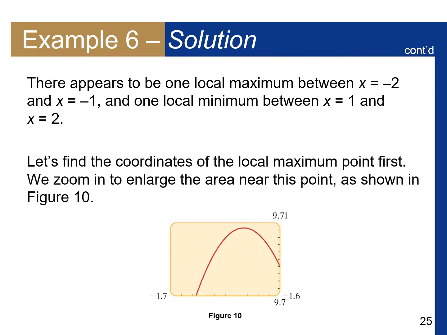So if we want to find the coordinates of the local maximum point first, what we would do is focus in on this area right here. Enlarge it so we could be close to the point. And we would use the trace function to find this point right here where nothing is higher than the point, and that will give you your max.